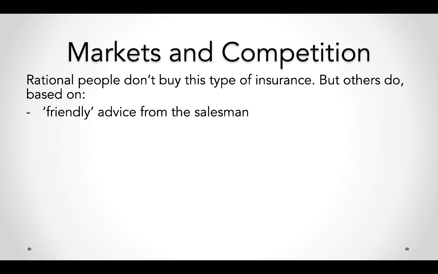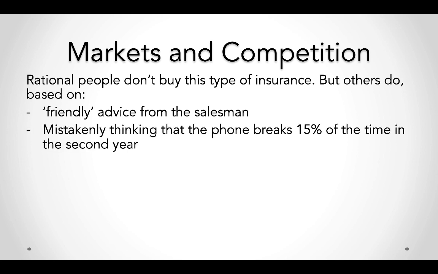They try to paint a vivid picture of you breaking your phone, losing your contacts, all your memories, pictures that you have, and so on, without taking into consideration the probability of that happening. Or that would lead you to mistakenly think that the phone will break 15% of the time in the second year, which would make the warranty at that moment beneficial.